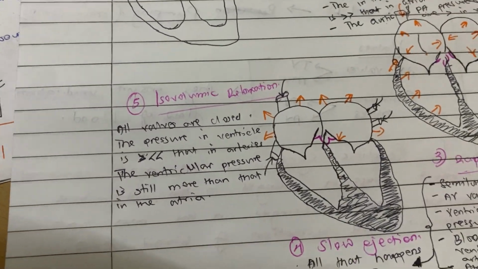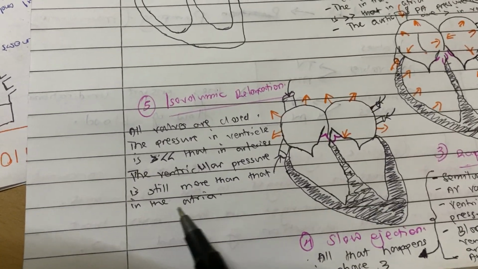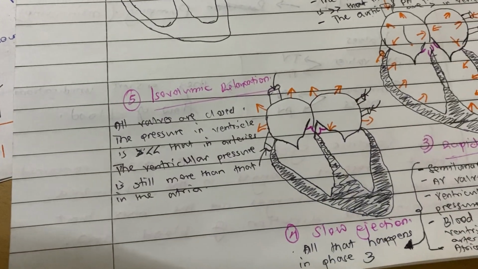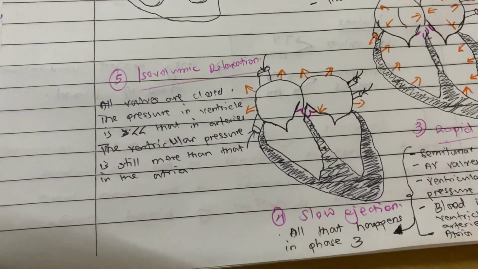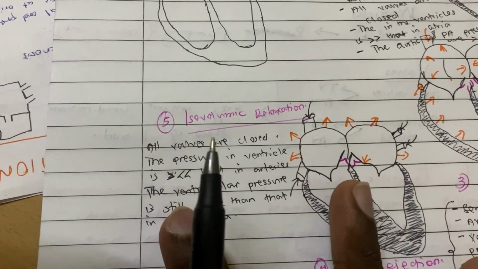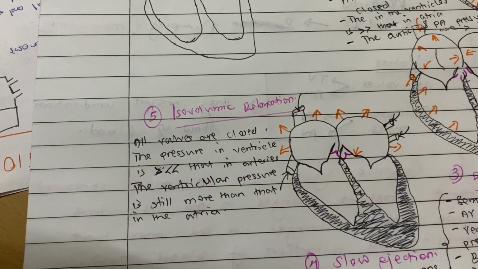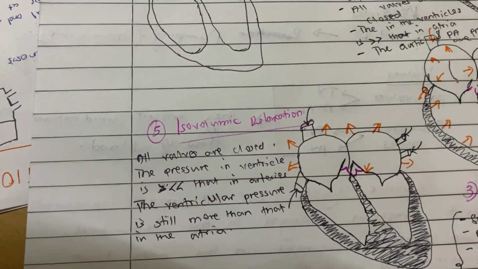They are still closed. If ventricular pressure is more than that in the atria, then the atrioventricular valves are closed.